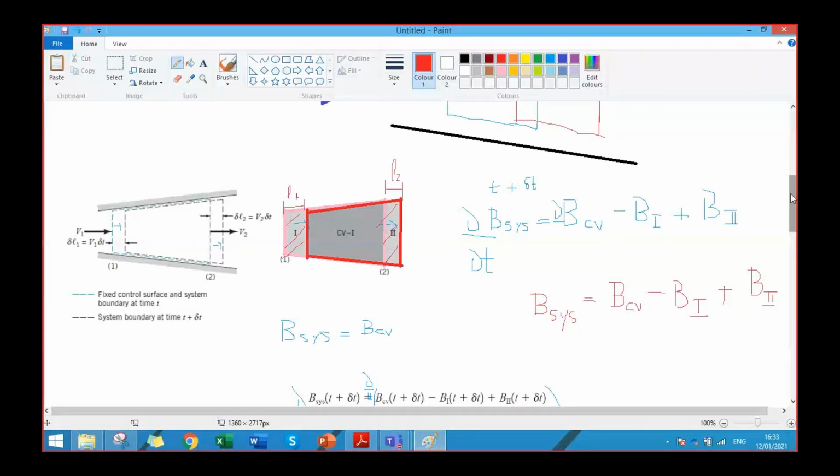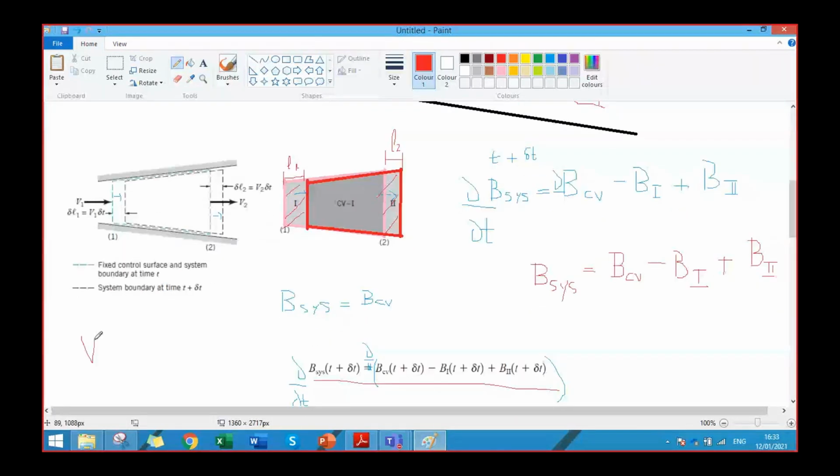We all know volume is area into length, right?